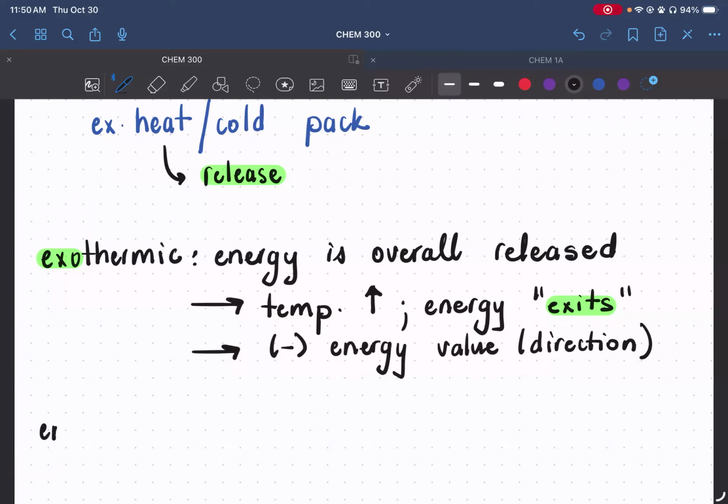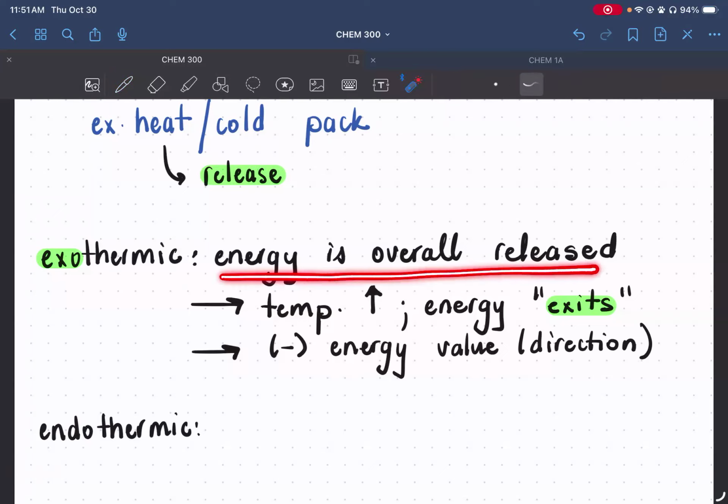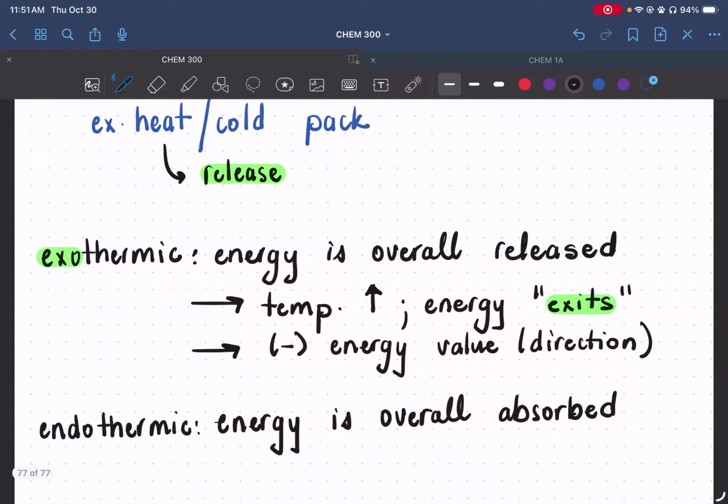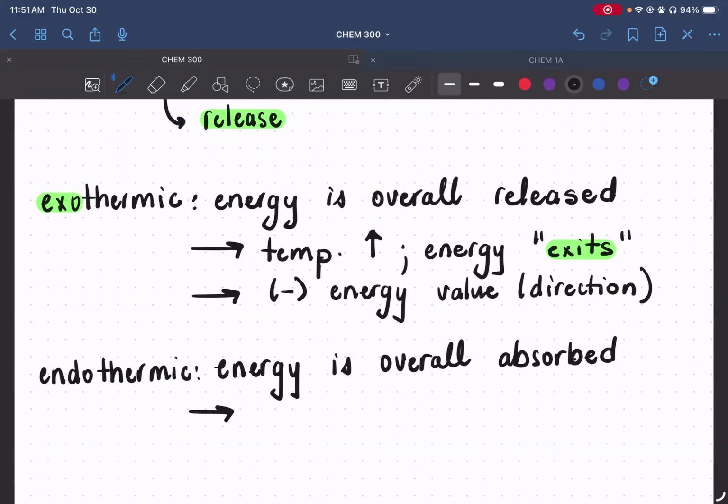In contrast, we have what is also known as an endothermic reaction. You're probably already able to make the assumption, the big guess, that if exothermic releases energy, in an endothermic, energy is overall absorbed. And just as it is the polar opposite of exo, in an endothermic reaction, temperature overall decreases.